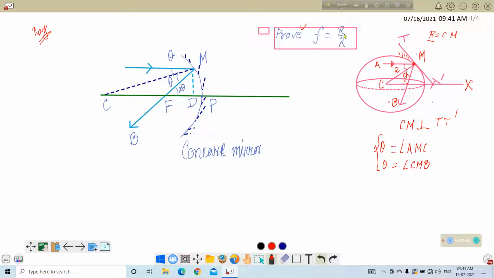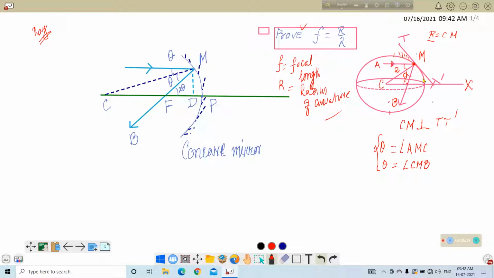principle. F is equal to R by 2. Here F means F is equal to focal length, and R is equal to radius of curvature of this surface. Every circular surface, this surface is a curved surface actually, and this is a perfect circle.